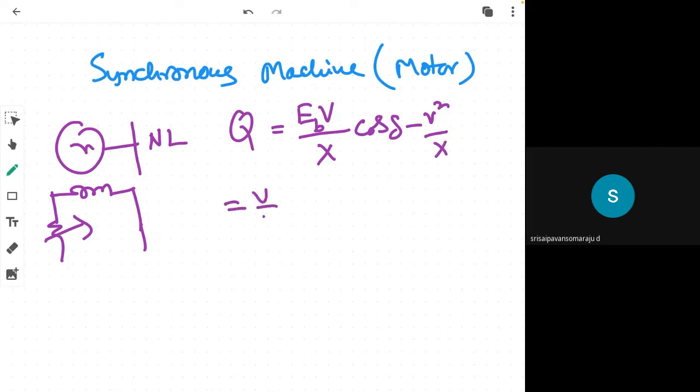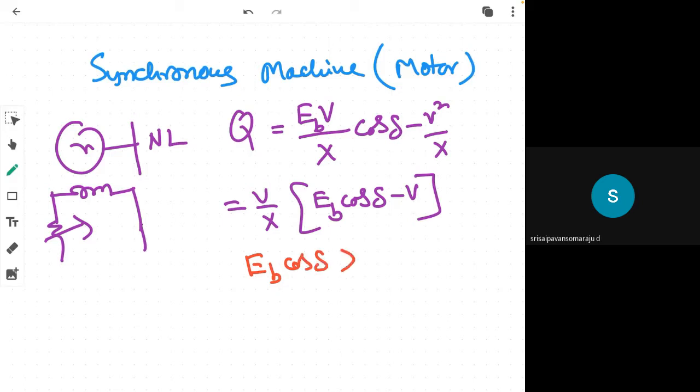Therefore V by X is common: Q equals V by X times EB cos delta minus V. When EB cos delta is greater than V, it is acting as a source, like a capacitor.